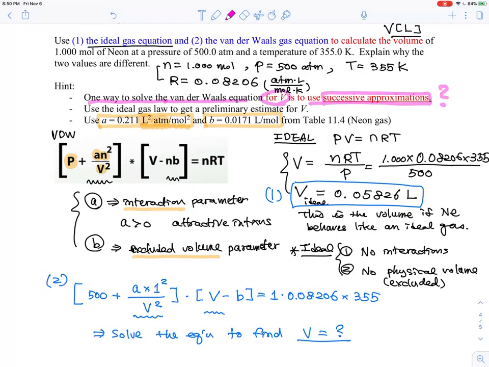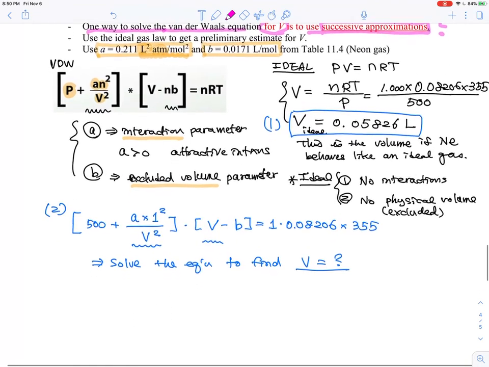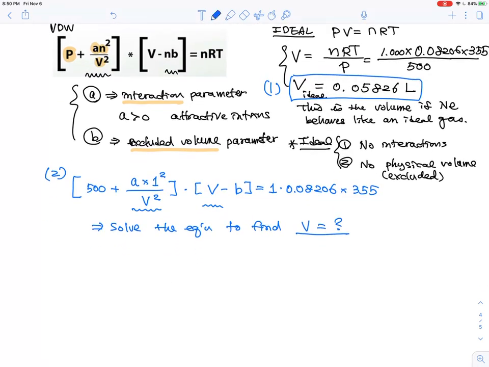Let me give you an example. Here's an example that has to do with successive approximation, which I may also call the self-consistent method.